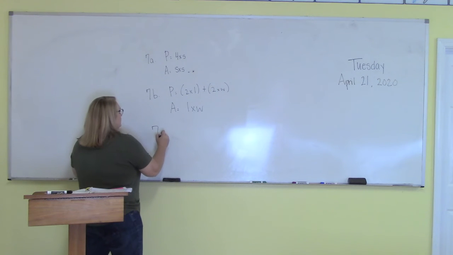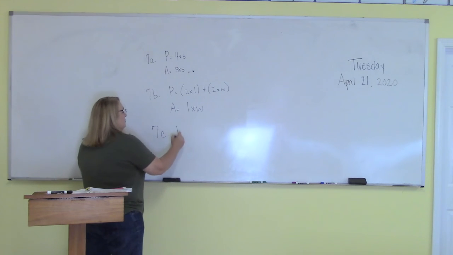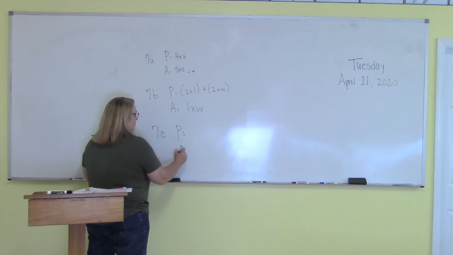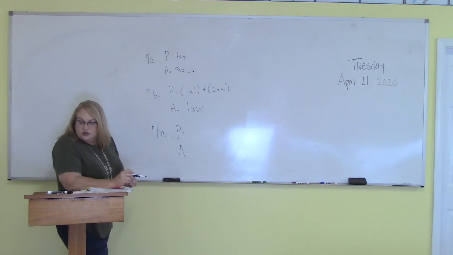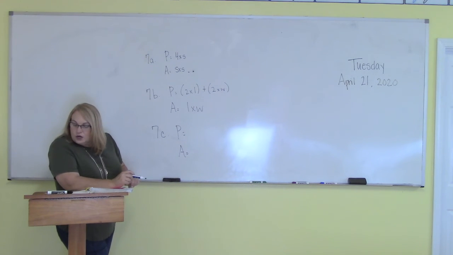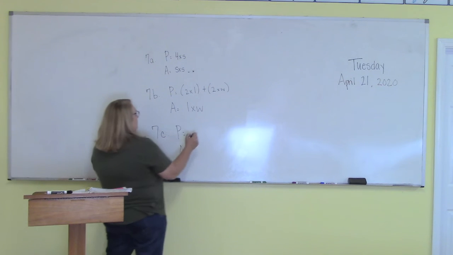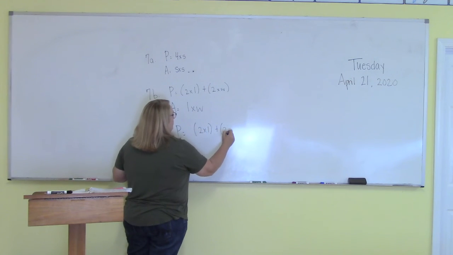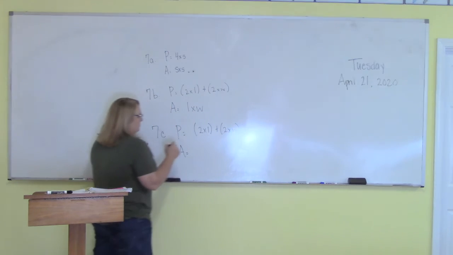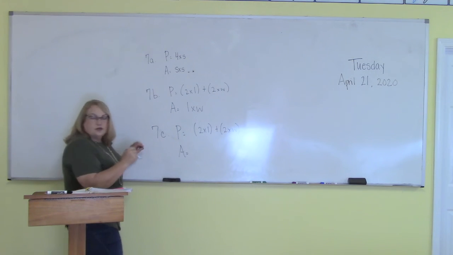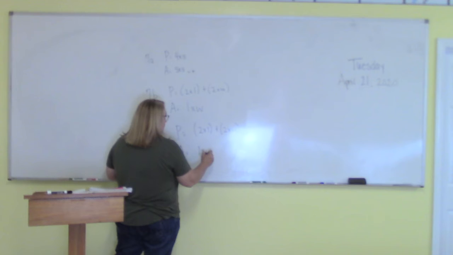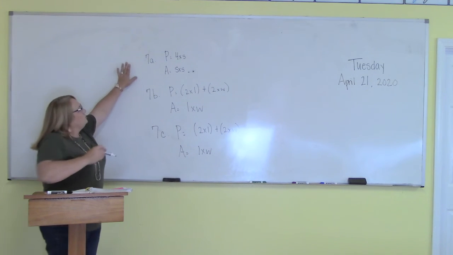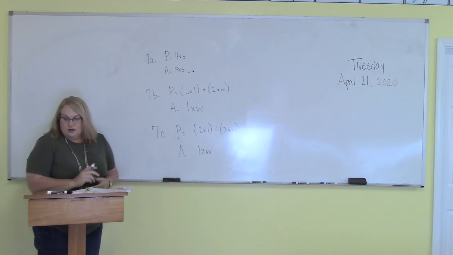Okay, and 7C, the perimeter of a rectangle, again, is 2 times the length plus 2 times the width. And the area is length times width. So these are the formulas that you will use for A, B, and C.